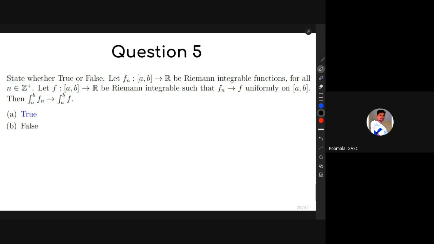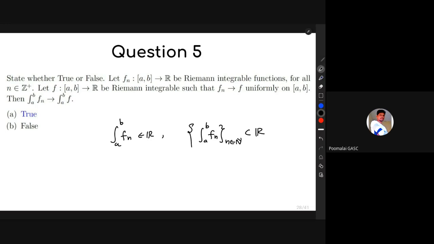First of all, you can notice here that once you integrate your f_n over an interval, you get a real number. So if you consider this integral, this is a real number sequence.